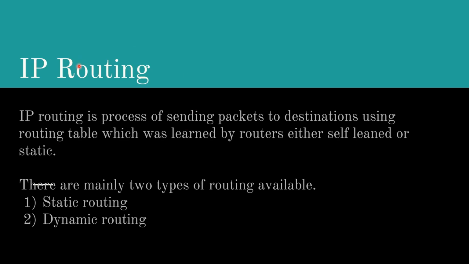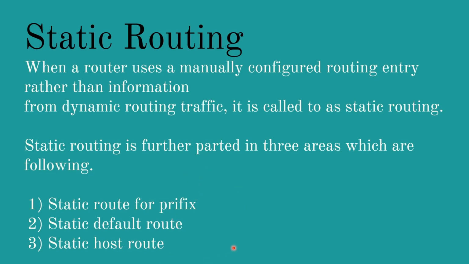So let's talk about IP routing. There are two types of routing, as in IPv4: static routing and dynamic routing. Static routing has three different areas: static route for prefix, static default route, and static host route. So what is a static route?